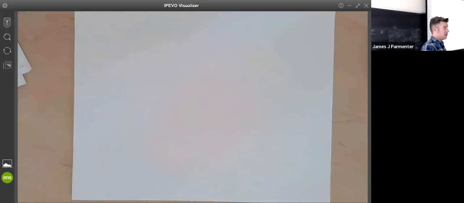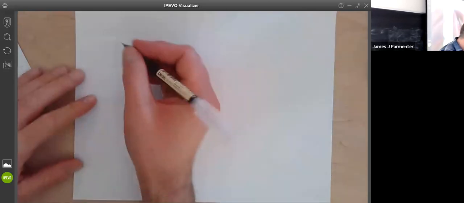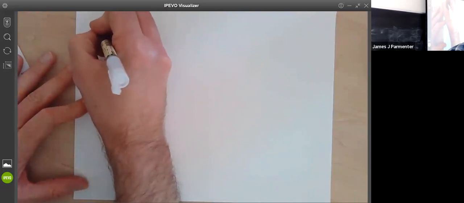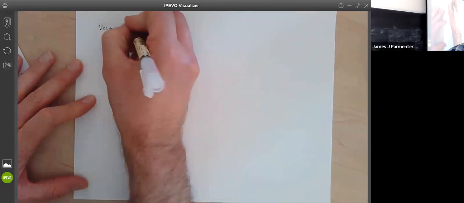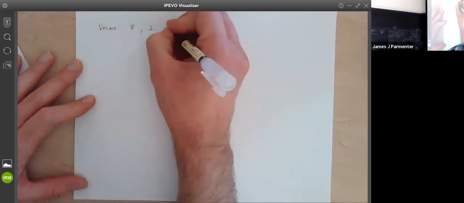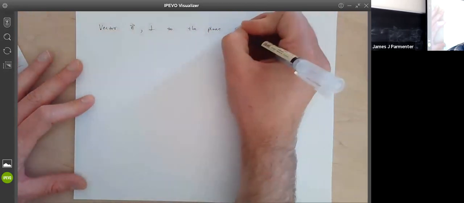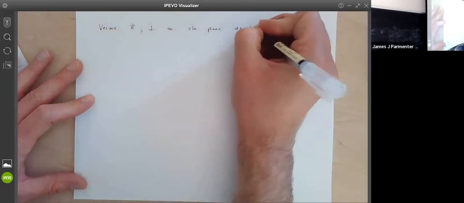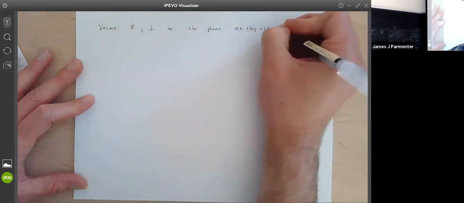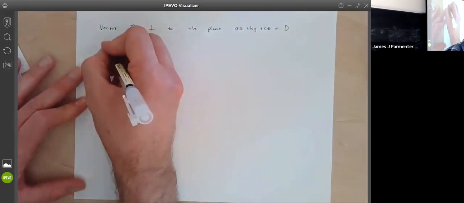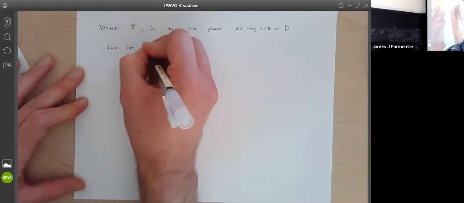So a normal vector n perpendicular to the plane, let's say it's ax plus by plus cz equals, I don't care what your constant is, can always be found by stealing the coefficients.